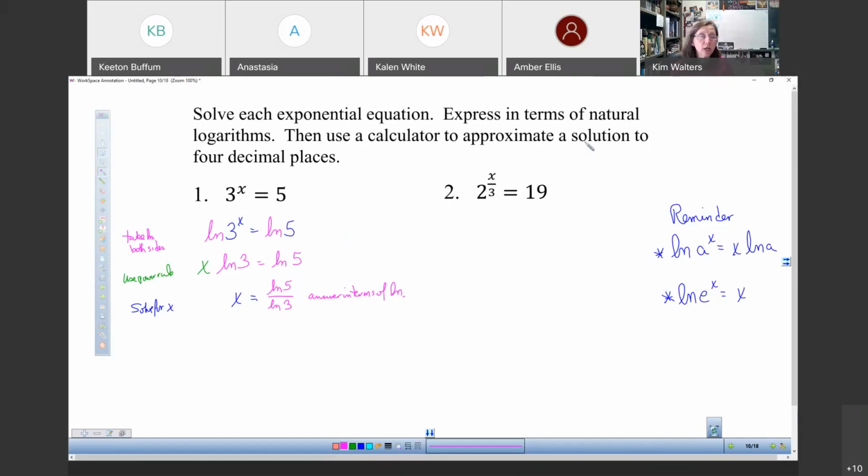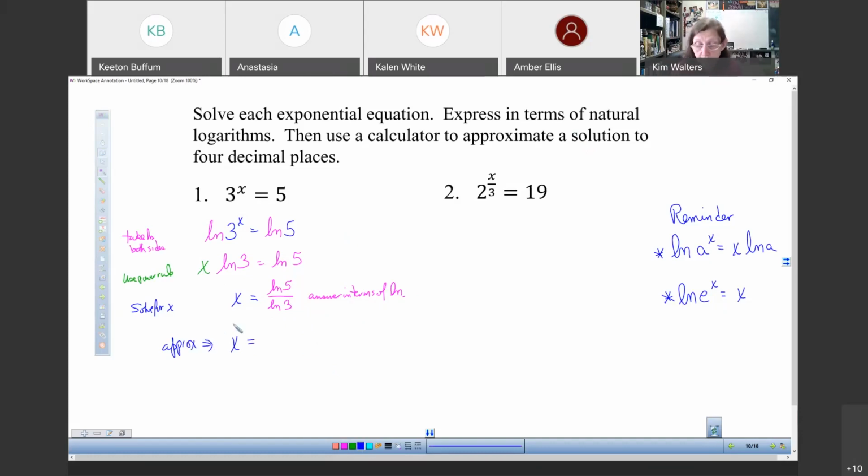So if it says express your answer in terms of a natural logarithm, this is my first answer, okay? Now I need to plug this into the calculator to actually figure out what the approximate answer is. So my approximate solution is what happens when I plug this into the calculator.